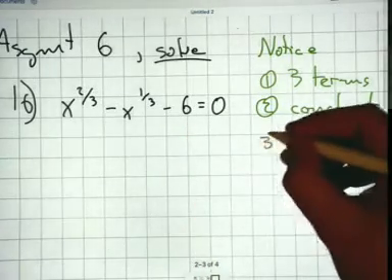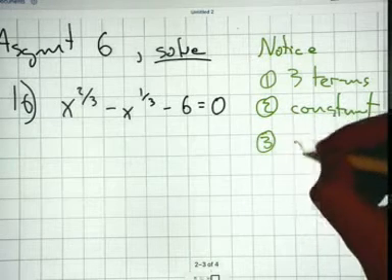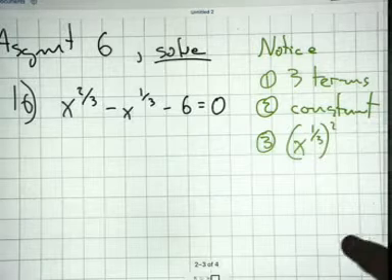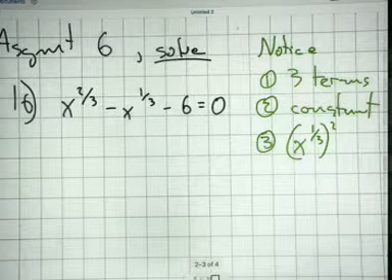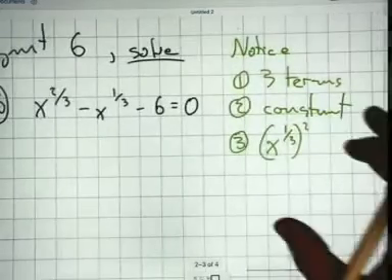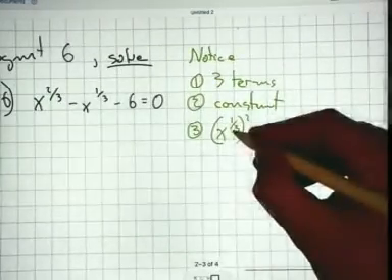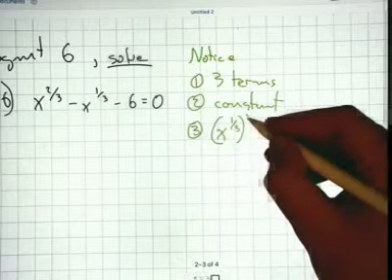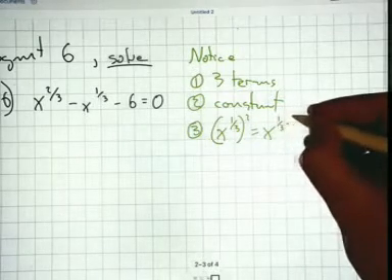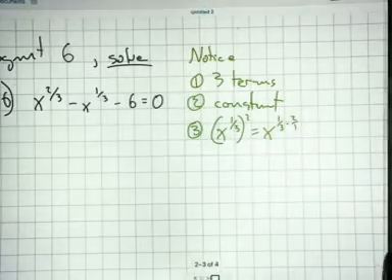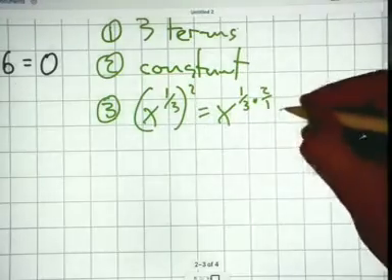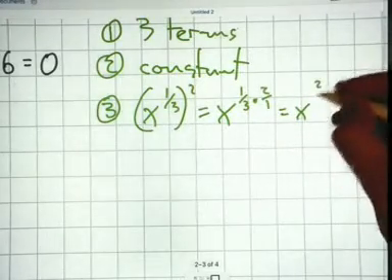And 3, if I take x to the 1/3 and I square it, alright, this is where you got to really have a good grasp of your exponent rules. What do we do with x to the 1/3 raised to the 2nd power? That's equivalent to x to the 1/3 times 2/1, which is x now to the 2/3.